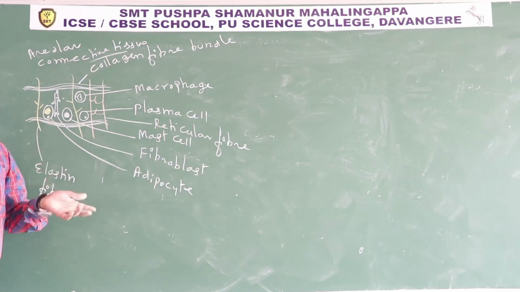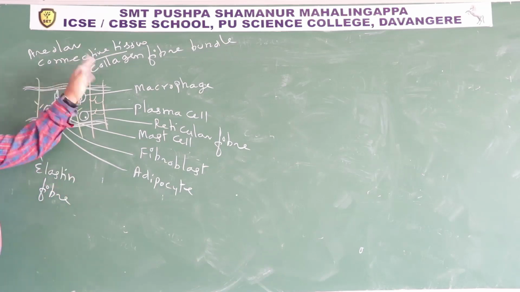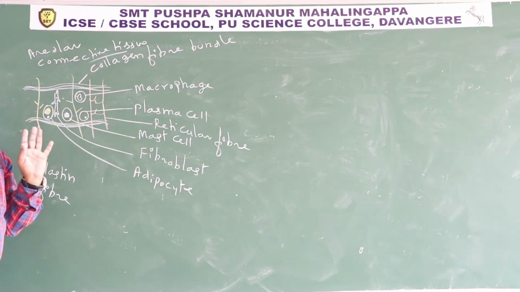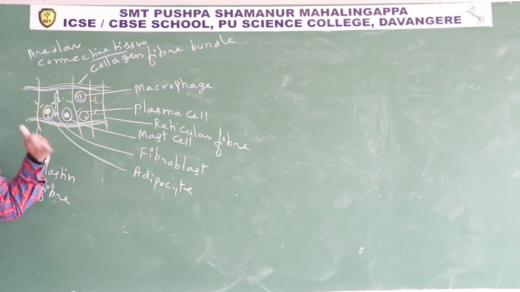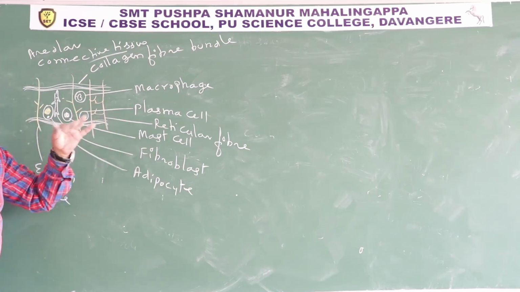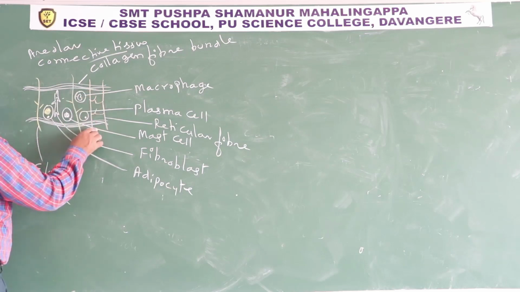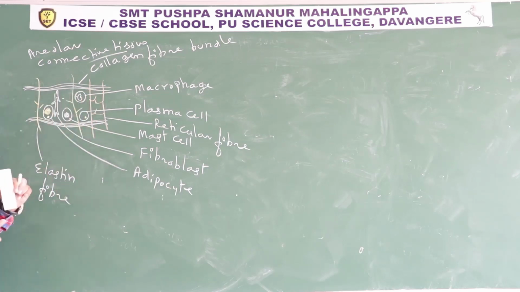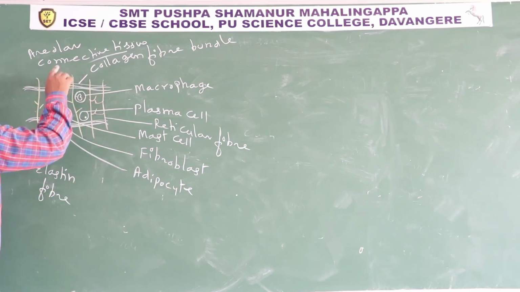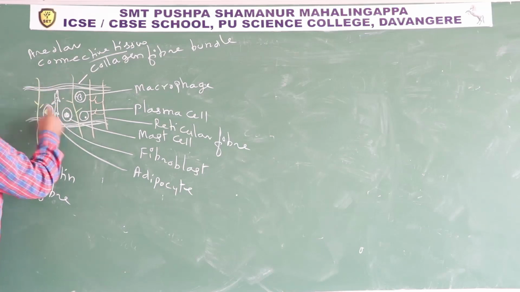The most abundant connective tissue in our body is areolar connective tissue. Actually it connects one tissue to another tissue, one organ to another organ. In the matrix, 3 types of fibers and 5 types of cells are present: collagen fibers, elastin fibers, reticular fibers.